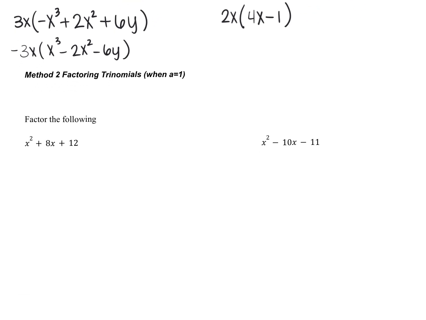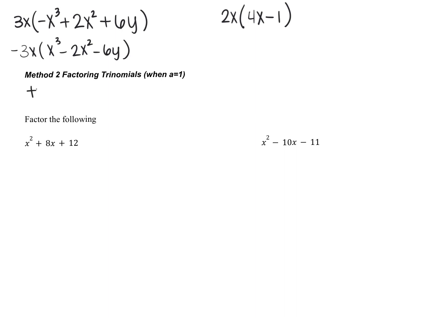The second method is we're going to start talking about factoring trinomials. Trinomials is when you have 3 terms. We're specifically going to be looking at trinomials when a is 1, and we'll also look at trinomials when a is not 1.